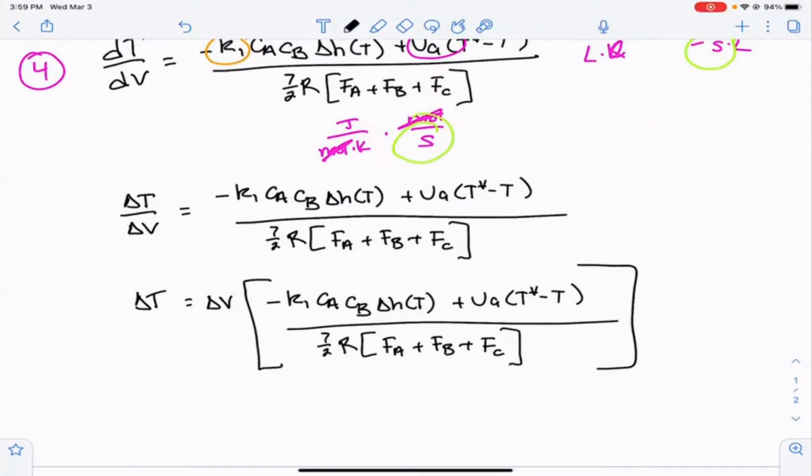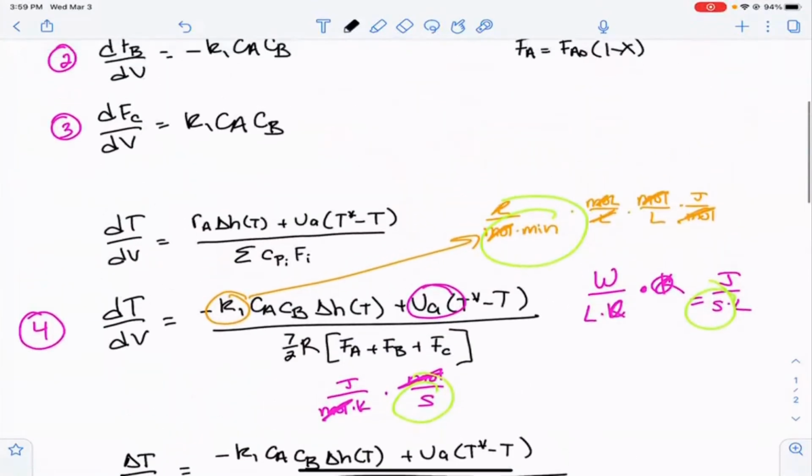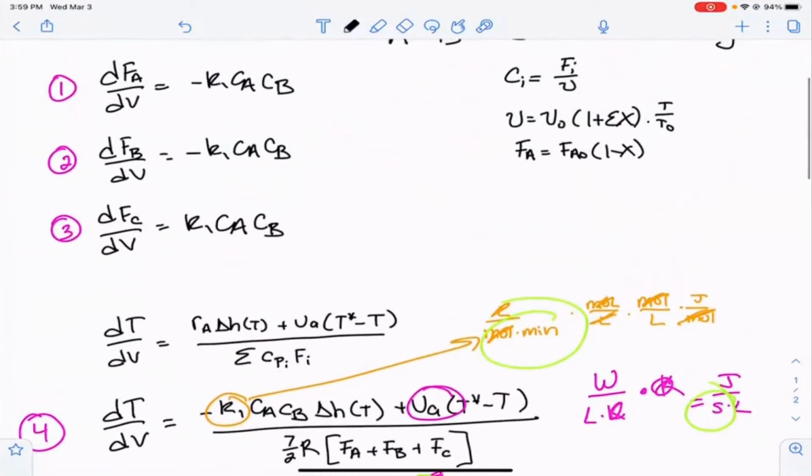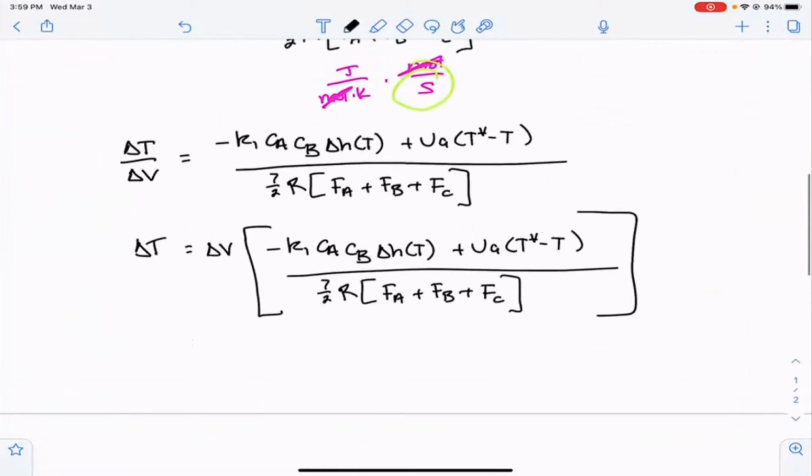Now, the mole balances are even more straightforward because we're going to do the same thing here, except to get delta Fi over delta V, and we're just going to multiply by delta V on both sides. And so we know then that delta Fa just equals delta V times minus K1 times Ca times Cb.